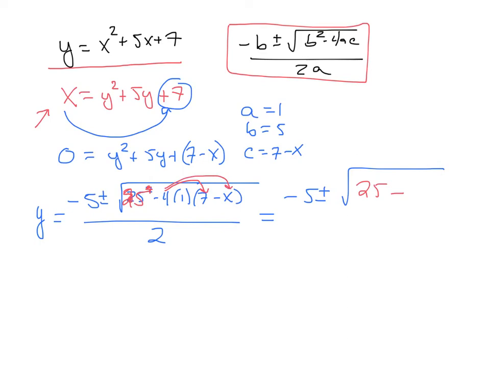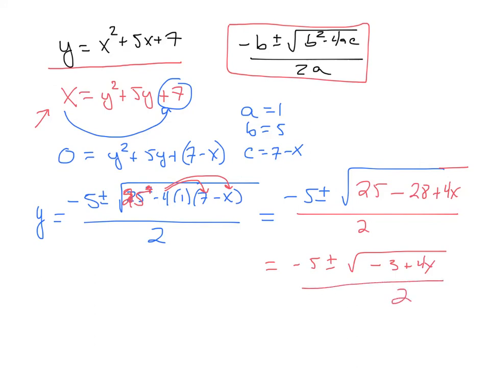So negative 4 times 7 is a negative 28, and then we have negative 4 times negative x is a positive 4x. So be careful with your distribution, all over 2. I'm going to simplify what I have inside, and I have negative 3 plus 4x, all divided by 2. Nothing on the inside can reduce, so that is our final answer, and that's what y is equal to.